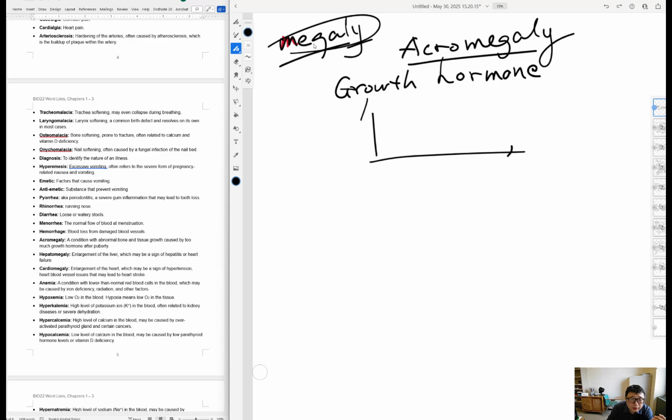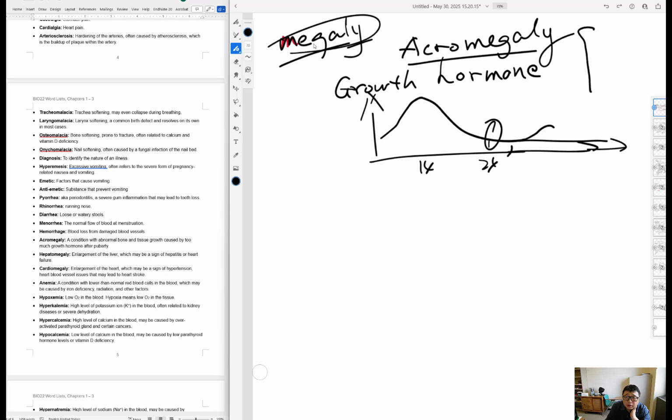For the rest of life, growth hormone is usually at very low concentration. However, some people have a tumor growing in the pituitary gland, which is the place that produces growth hormone up here.